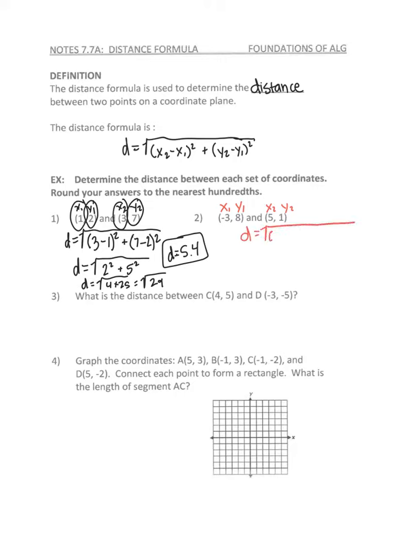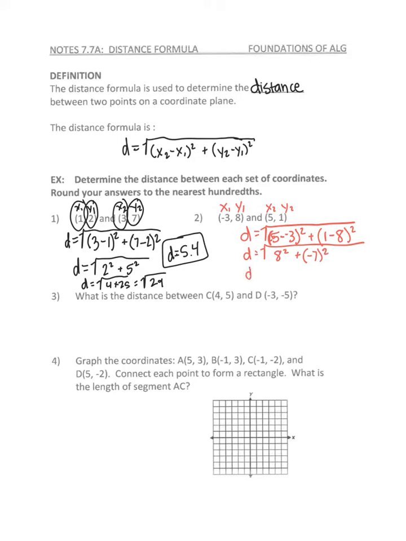Square root, x2 is 5, minus a negative 3 squared, plus 1 minus 8 squared. 5 minus a negative 3, that's 8, so I've got 8 squared, and 1 minus 8, that's a negative 7. Now that negative 7 is still in my parentheses, so that whole negative 7 is squared.